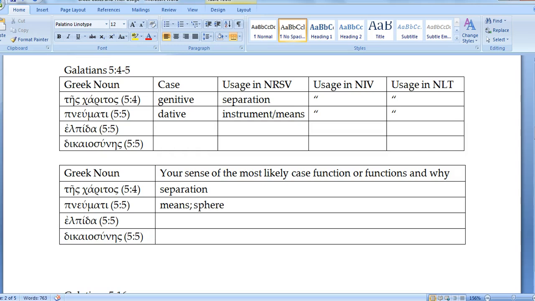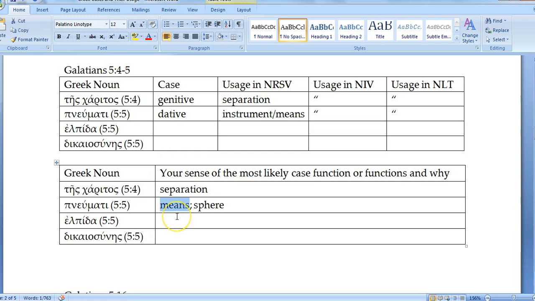For example, a dative of sphere is also in keeping with Paul's usage of a lot of instances of the dative case of Spirit or of Christ. Being in Christ is a very common Pauline expression. Being in the Spirit is arguably another way to take this dative, by means of living in the Spirit, in the sphere of the Spirit, as opposed to simply living by means of the Spirit's guidance and empowering. Although I'd still throw my money in with the first here.